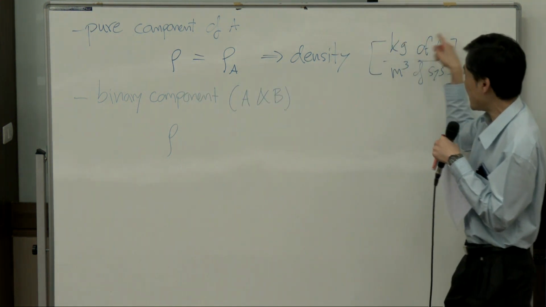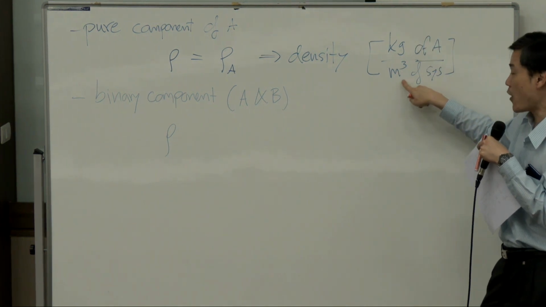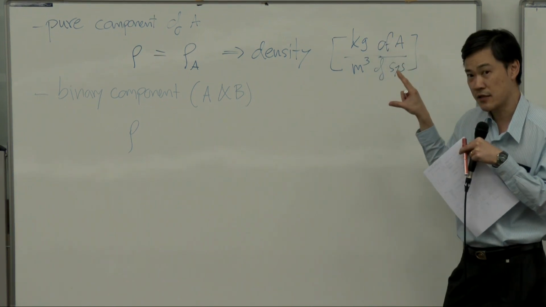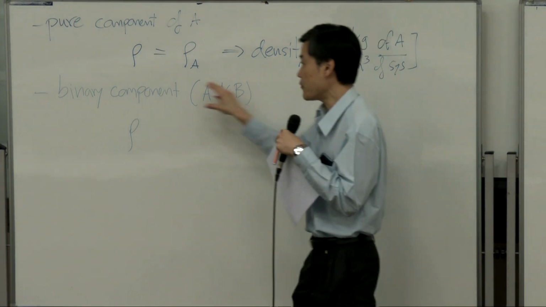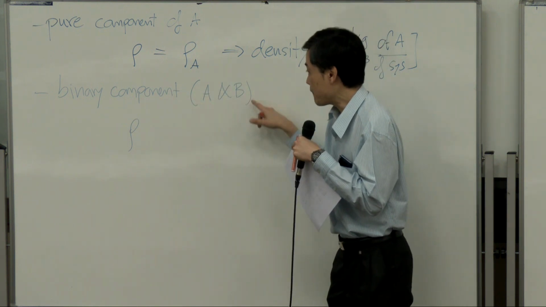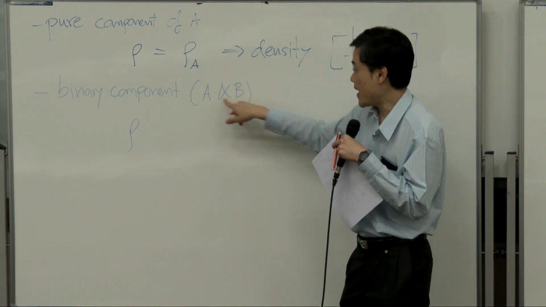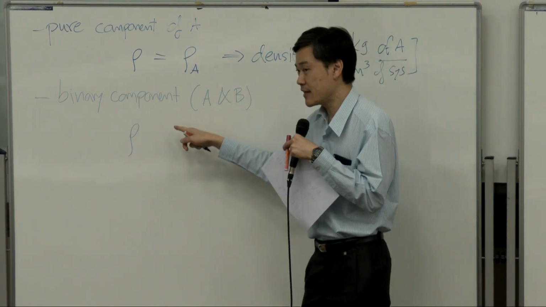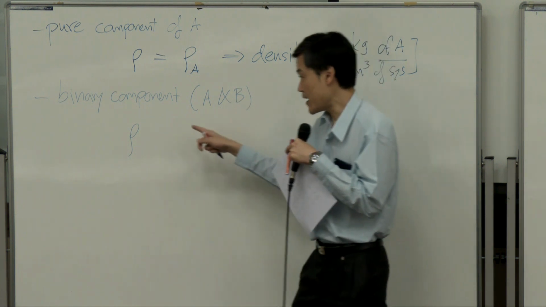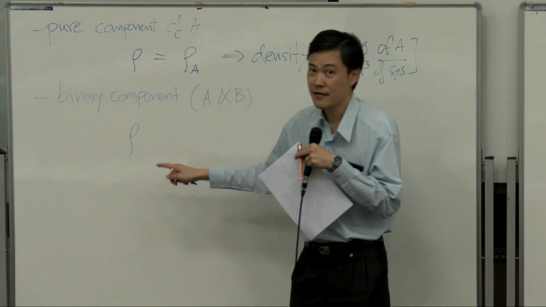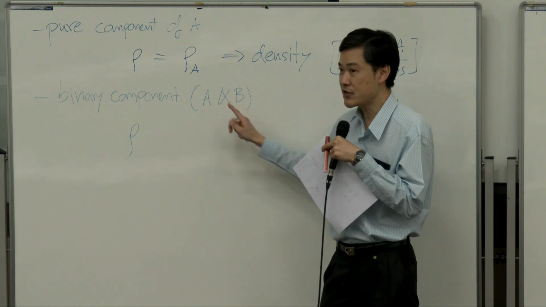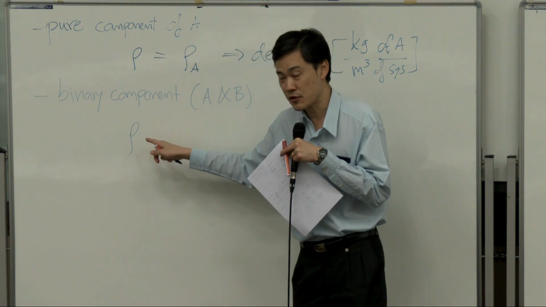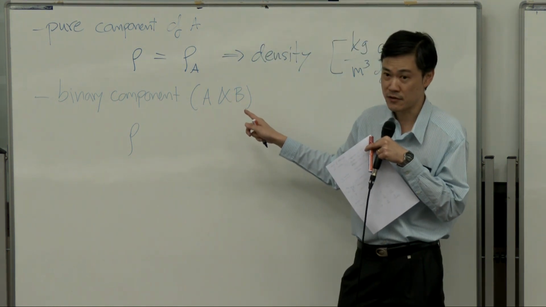When you add more kilograms of A, the volume of the system increases as well. So therefore, this ratio remains the same. But for binary components, if I have 50-50 between A and B initially, and I add more A, now the density of the solution will change. So that means this density depends on the amount of each species. In other words, the density of the solution depends on concentration. Okay?